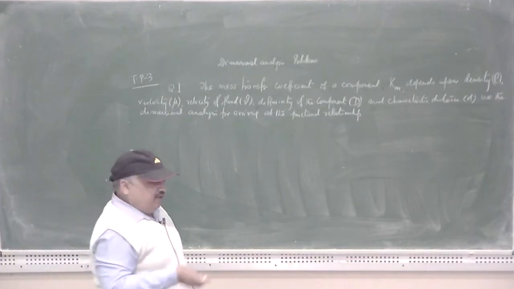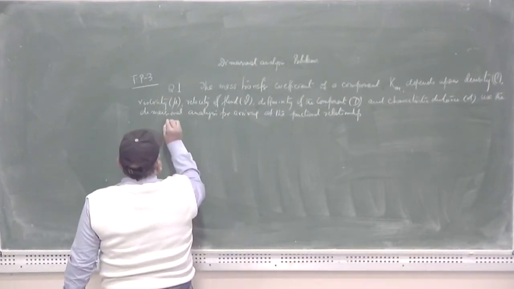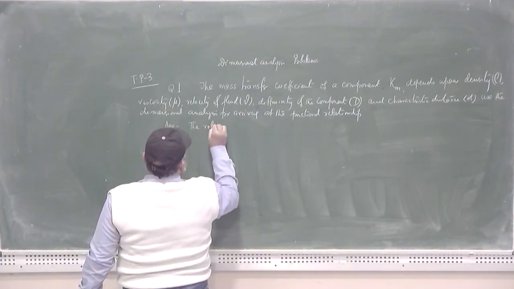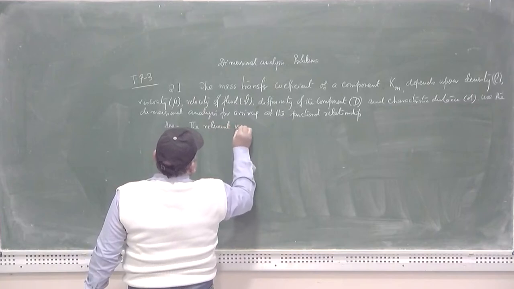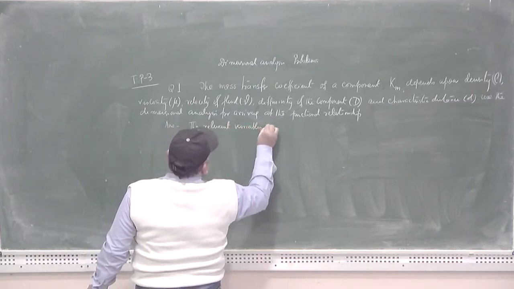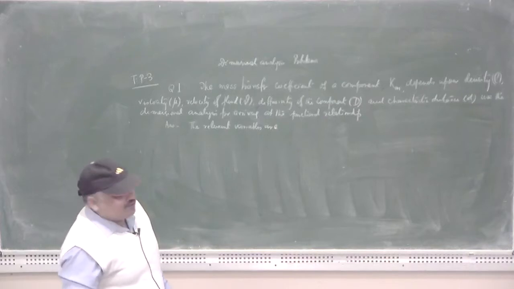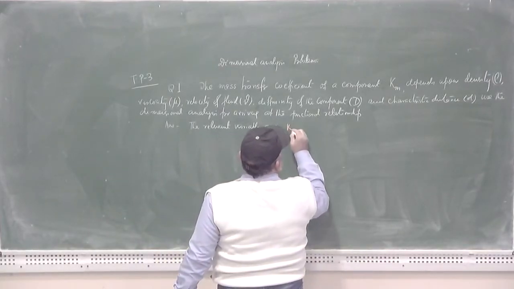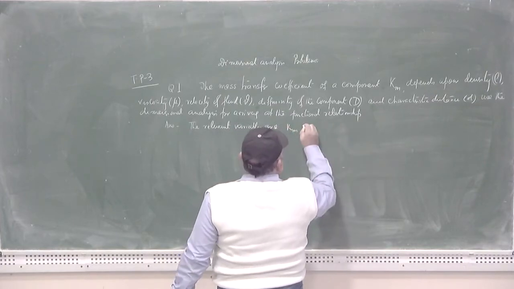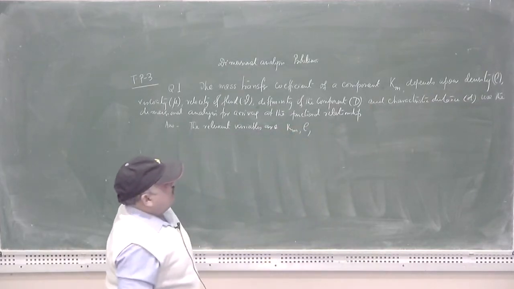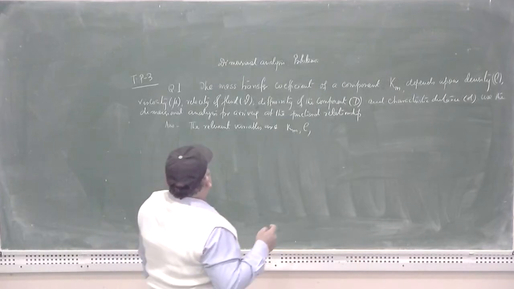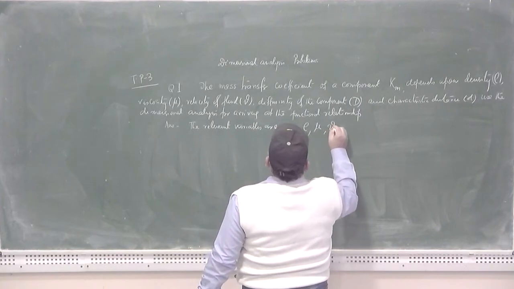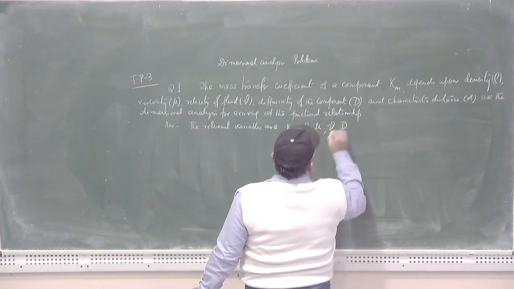Here you can easily see the number of relevant variables in the present problem. What are those relevant variables? First is the mass transfer coefficient of the component, that is Km, density of the fluid, viscosity mu, velocity of the fluid v, and diffusivity of the component under consideration.